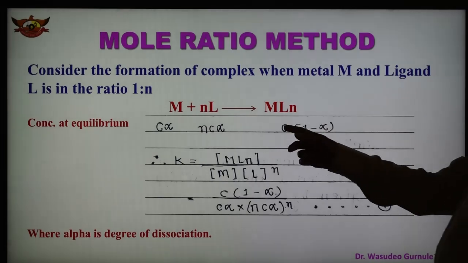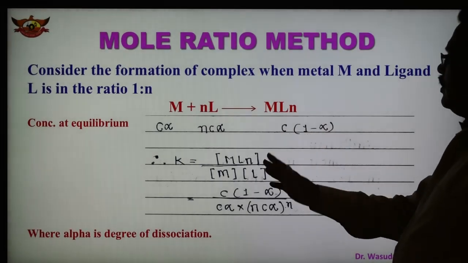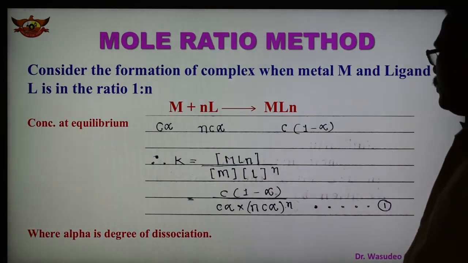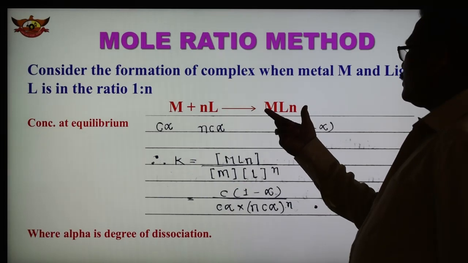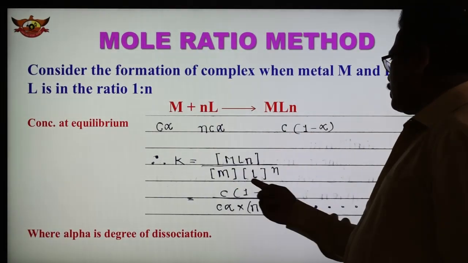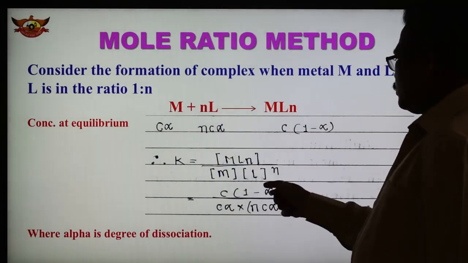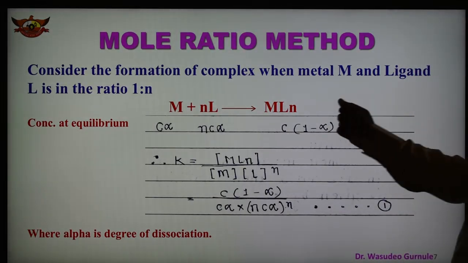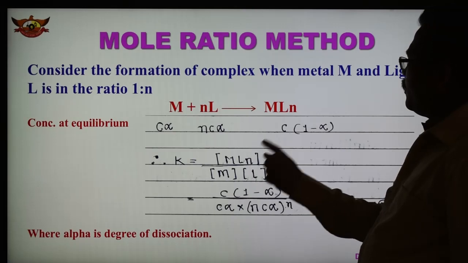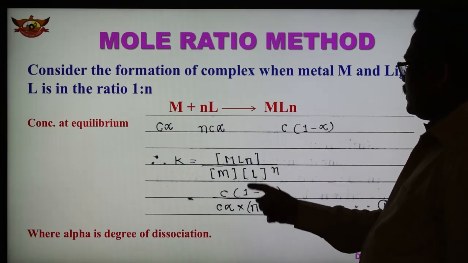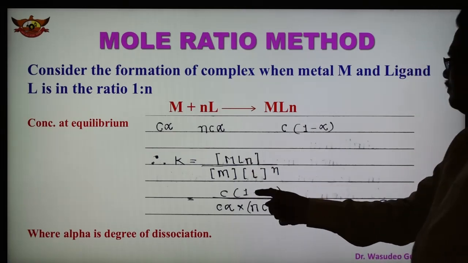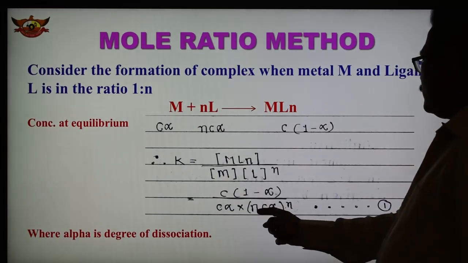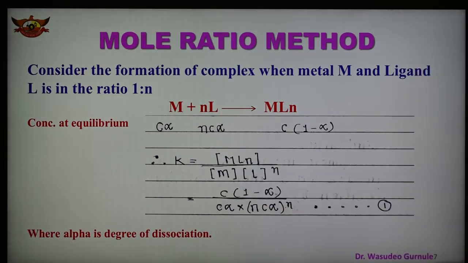Now for this reaction, the equilibrium constant K, that is the stability constant, equals the concentration of product upon concentration of reactants, and the ligand concentration term goes to the power of n. Now substitute the values: C into 1 minus alpha for the complex, in place of the concentration of M and L, M equals C alpha, L equals nC alpha to the power n.